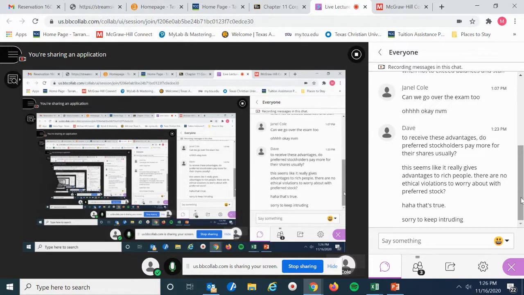Oh no, this is a good discussion. I'm enjoying this. So Dave, think about banks, right? Are there any ethical violations whenever they extend a loan and charge 25, 30, 150, 3,000% sometimes?